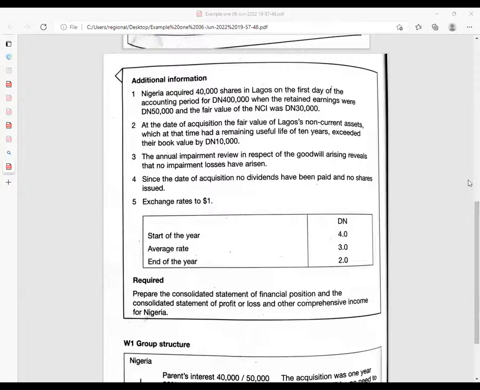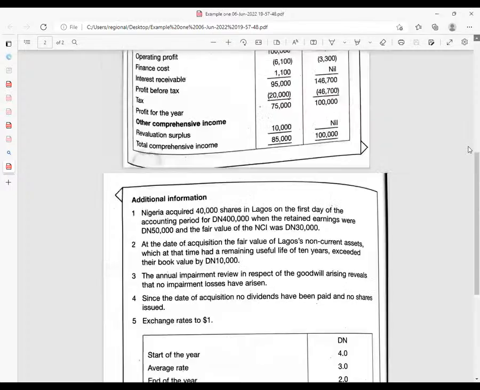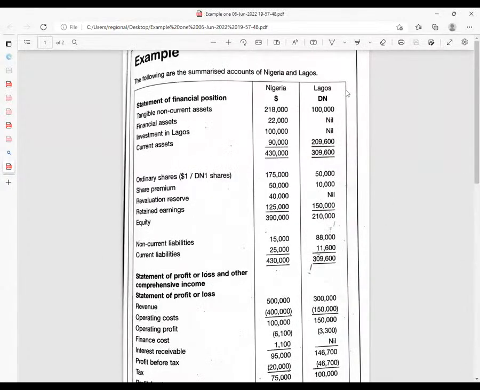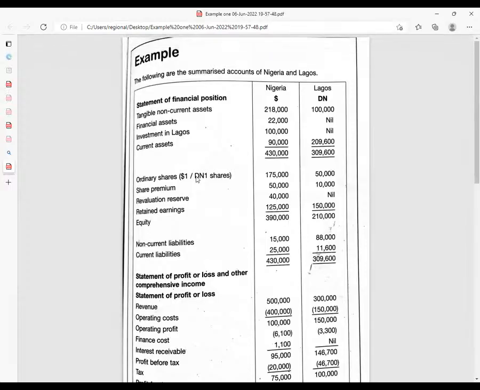So BBGH has how many shares in total? Look at this. It's ordinary shares, DN1 shares, meaning the par value is 1 across the board. To get the number of ordinary shares, we normally take the share capital.